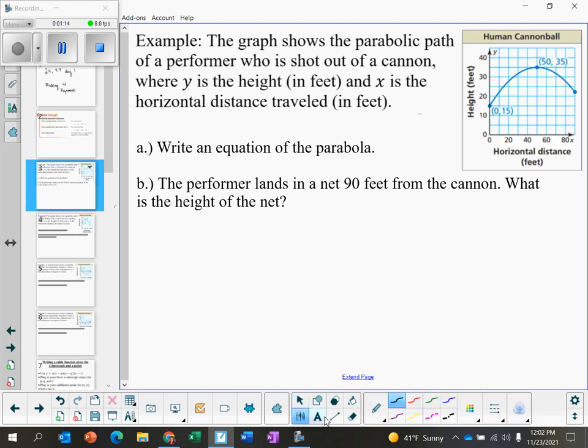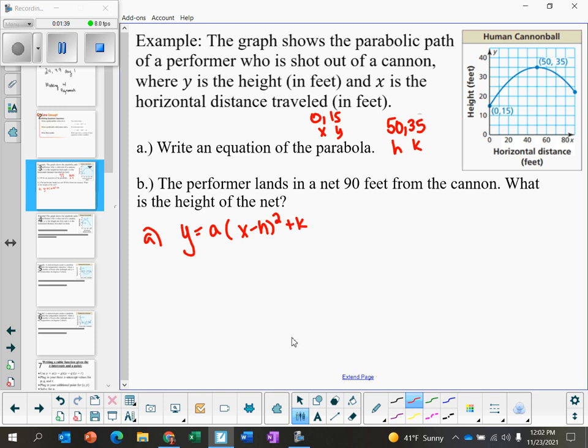So of those 2 points, (50, 35) is h and k because they're the vertex, and (0, 15) is just an x value and a y value. So since I'm using the vertex, I'm going to use vertex form. So that was y equals a times x minus h squared plus k.